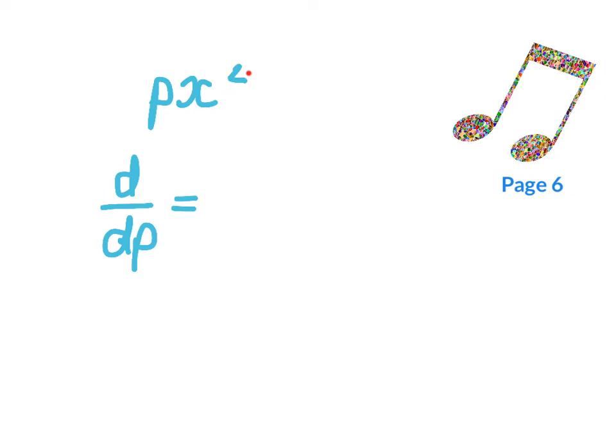It's tempting to multiply by the power, 2px, but that's with respect to x. We've got to assume that x is a constant and p is the variable in this case. So in that case, the derivative would simply be x squared, because x squared is just a number that's not going to change in this case.